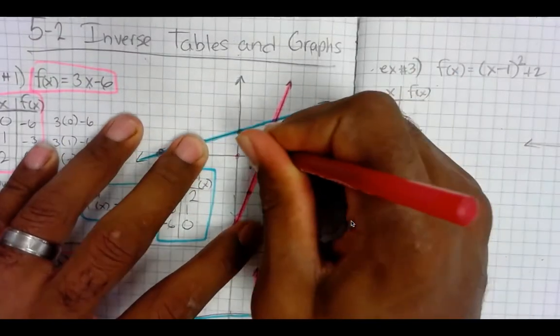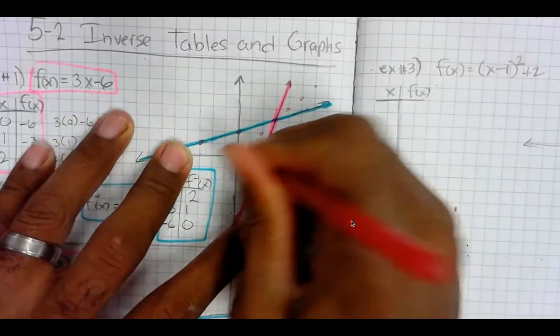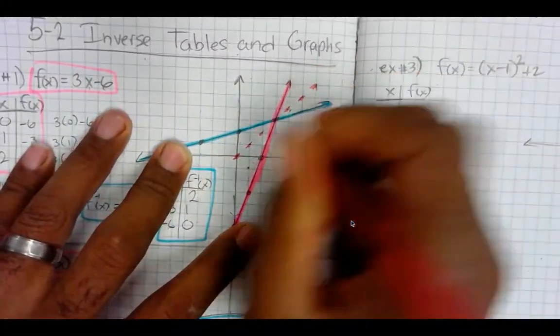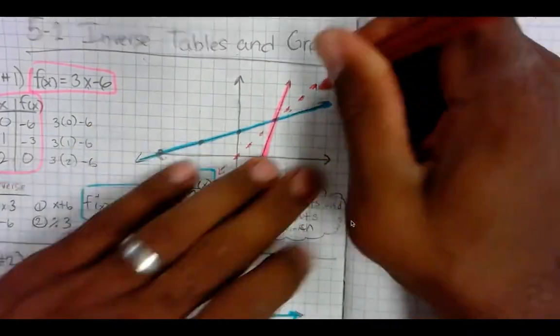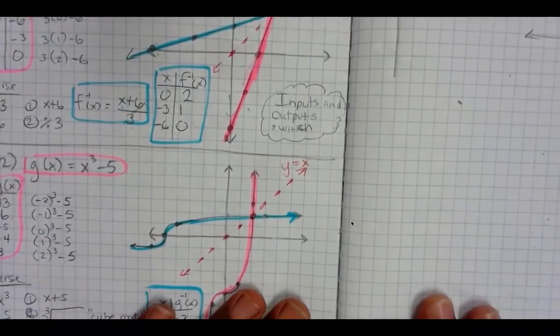Okay, same thing here. Start in the middle, go up 1 over 1. And just make a dashed line going straight through the middle. Okay, and I'm just going to label it as y equals x. So again, that's the line of reflection.